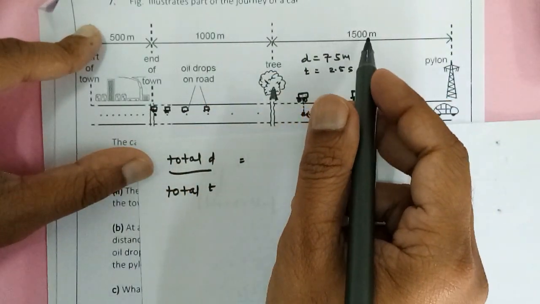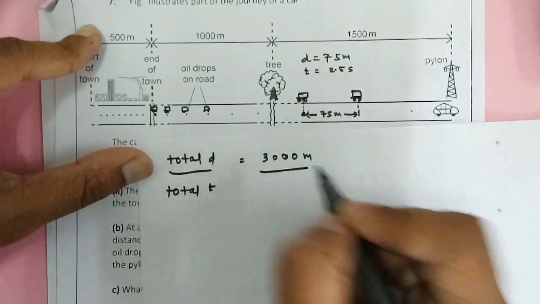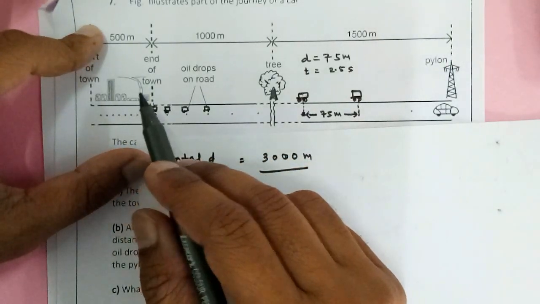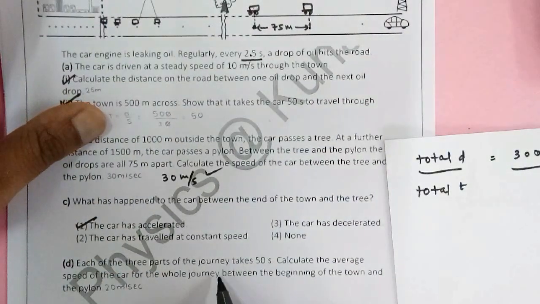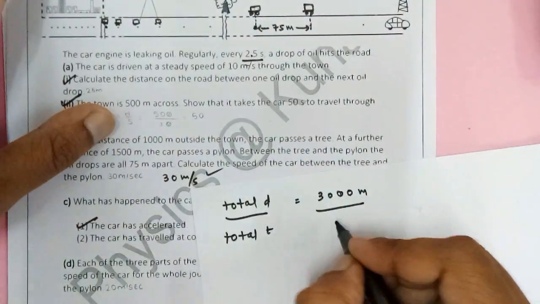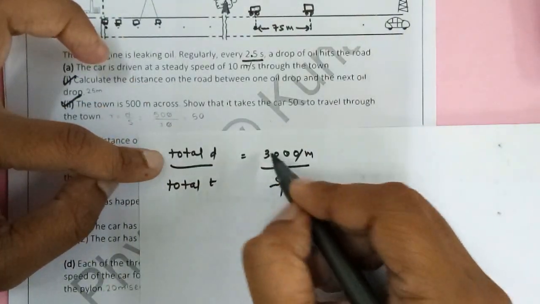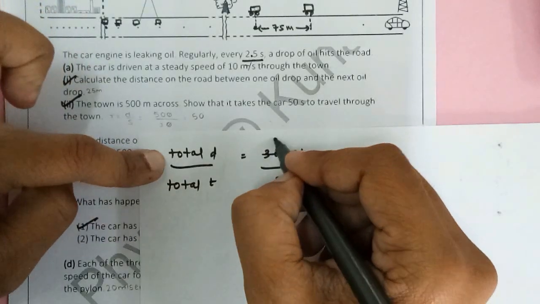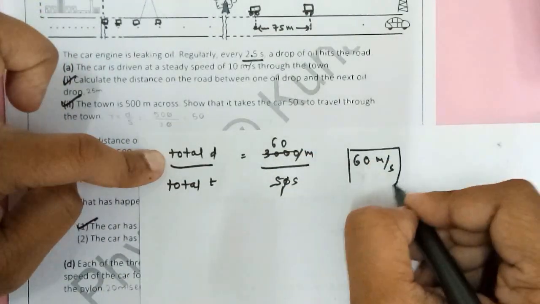So that is equal to 2500 plus 500, that is equal to 3000 meter upon the total time. We are supposed to find out the average speed. Total time is given as 50 seconds. So if we cancel, the answer is 60 meter per second. This is the average speed.